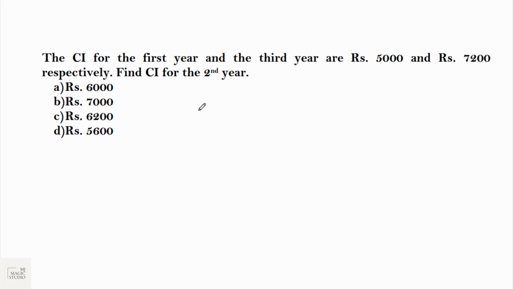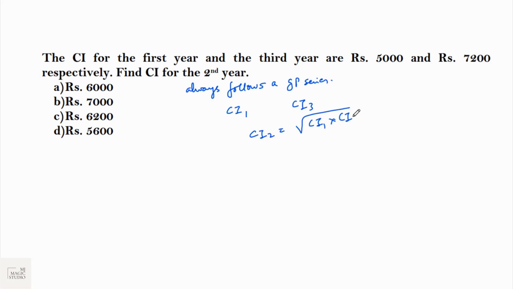The compound interest for that particular year always follows a GP series. That means if CI1 and CI3 are known, CI2 will simply be the GM of CI1 and CI3. That's it. The compound interest of the years always follows a GP series.